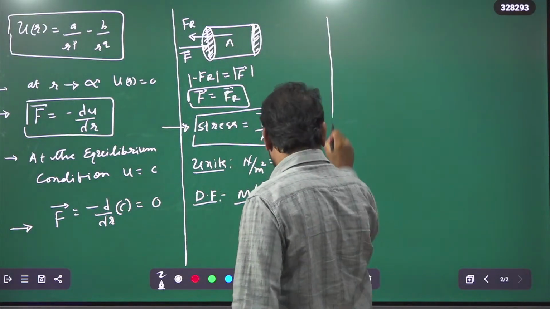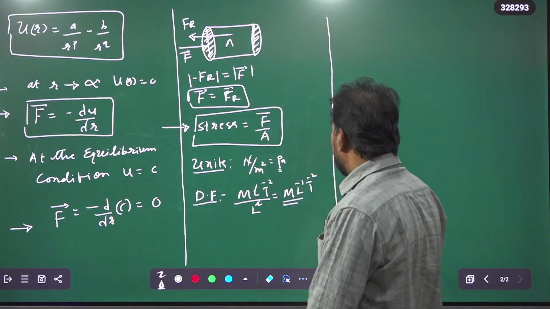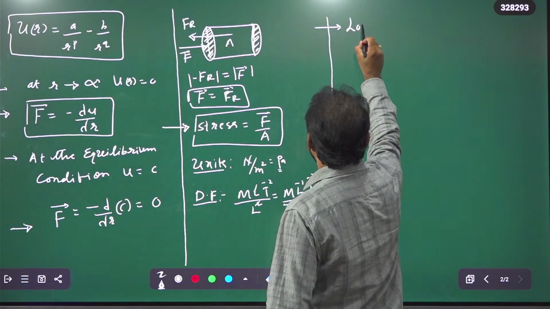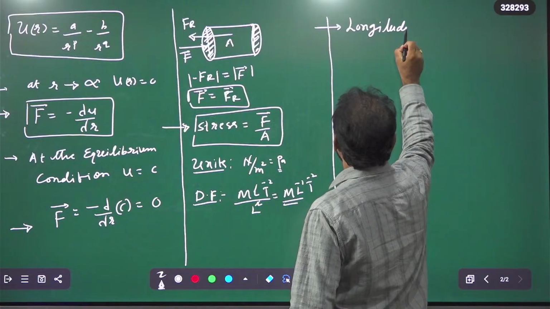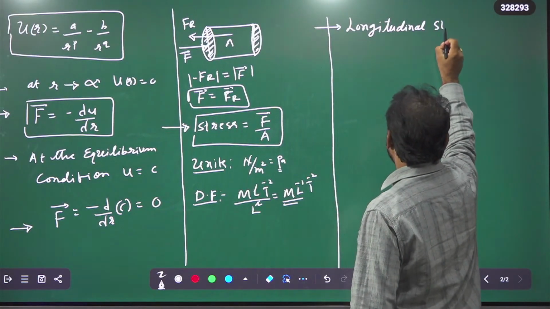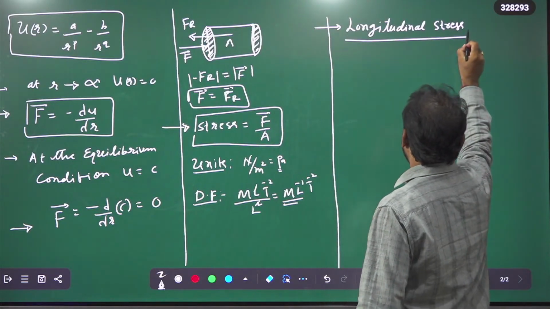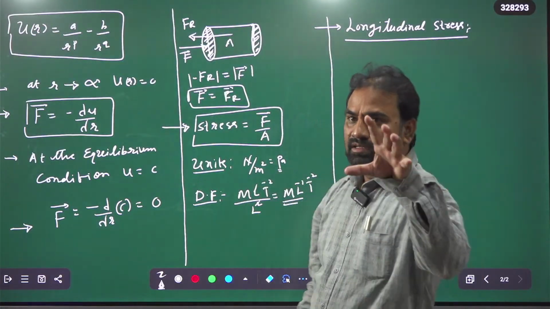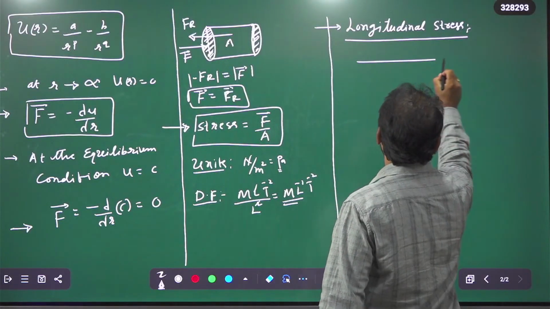Next, this stress is again divided into three types. The first one is longitudinal stress. What is longitudinal stress? Longitudinal stress means the restoring force acting along the length of an object.